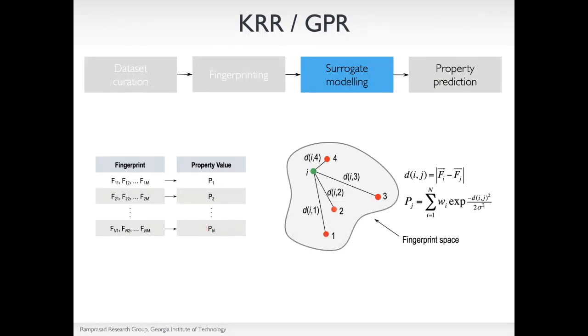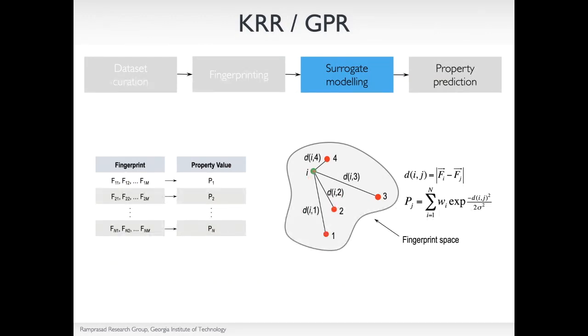And you see these red spots, 1, 2, 3, 4, etc. Those are the cases for which you know the P values. And those are the cases that are shown here in this fingerprint space, the multi-dimensional, high-dimensional space. These are the points in that high-dimensional fingerprint space.